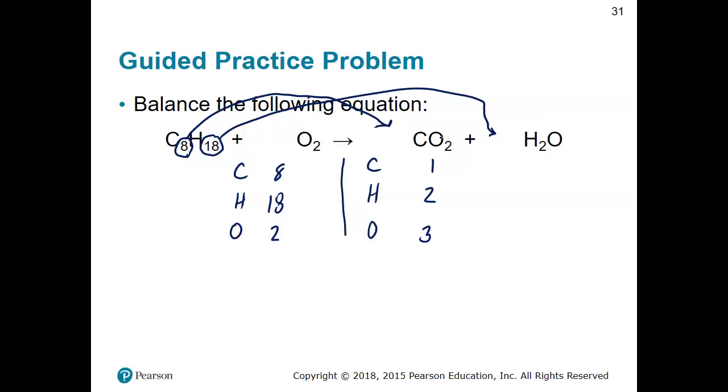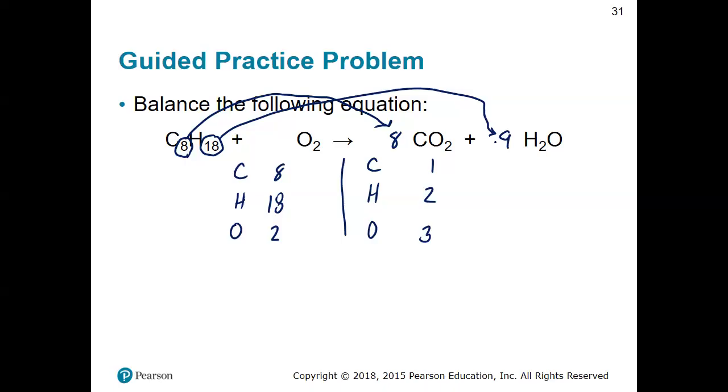So if I can get these numbers to match these subscripts, I have a good idea of what my coefficient should be. So I need 8 carbons. That's going to be 8 carbon dioxides. I need 18 hydrogens. That's going to be 9 waters, because 9 times 2 is 18.